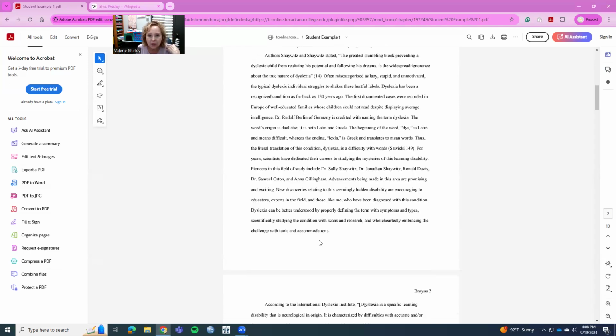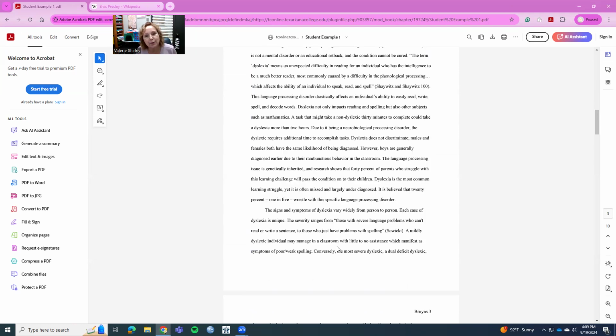And then we come down here, and here is his thesis statement. Dyslexia can be better understood by properly defining the term with symptoms and types, scientifically studying the condition with scans and research, and wholeheartedly embracing the challenge with tools and accommodations. And so that's how his paper is broken down.